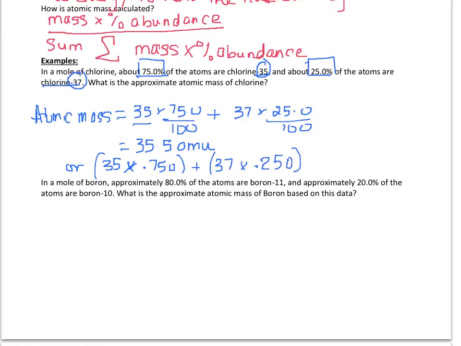Now, here's what you need to be careful with. If you're given a percentage as a decimal, let's say you had 0.12%. Most students tend to think, oh, this is a decimal already. I don't need to do anything to it. Yes, you have to do something to it. It's a percent. To convert the percent to a decimal, you must divide by 100.